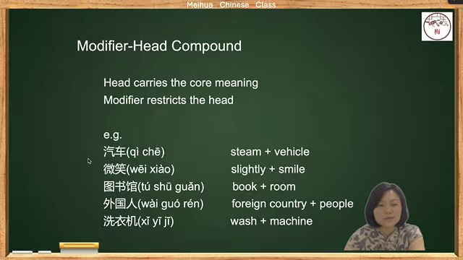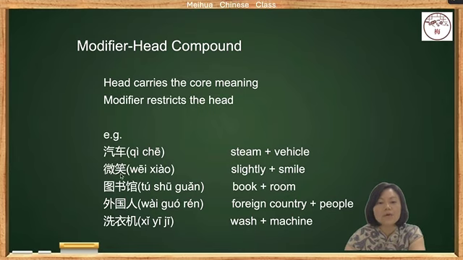Let's look at some examples here. 汽车, 汽车. 汽 means steam. 车 means vehicle, right? 汽车 means the car. It's driven by the steam, right? So the modifier is the steam here, right? The 汽. 汽 comes at first.